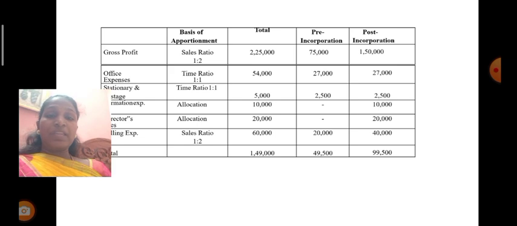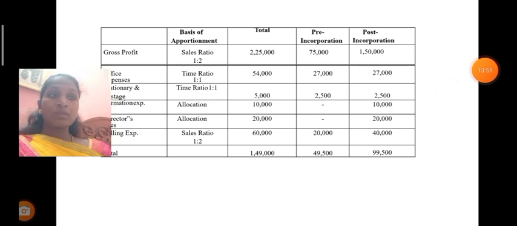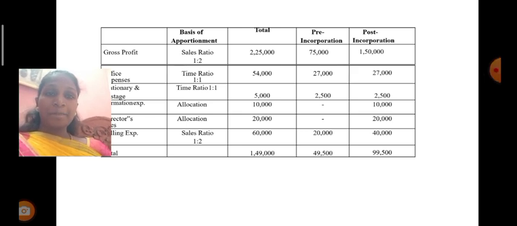Then we can easily find the income minus expenditure, and after deducting we get the profit prior to incorporation and post-incorporation period. So first, gross profit. Gross profit is referred to as income for the company. So gross profit has to be allocated on the basis of sales ratio.